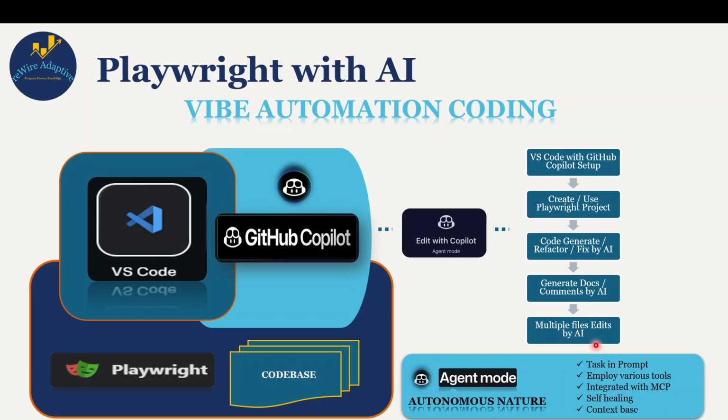Okay, so how will the agent mode work? The task in the prompt employs various tools. That's what I told you, right? It is integrated with MCP. This agent is also integrated with MCP. There is an architecture for MCP: we have an MCP client, host, and server.